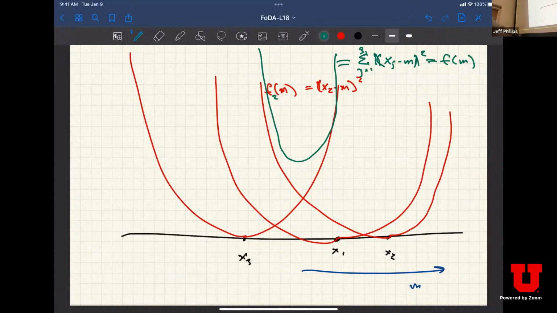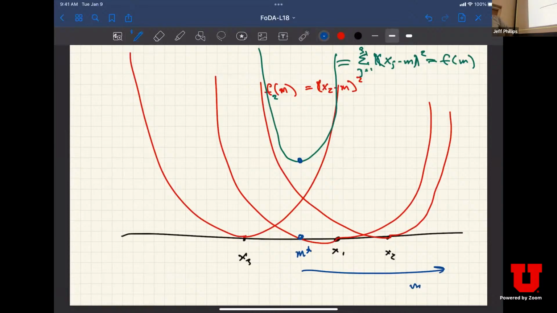This is the sum of convex functions, so it has to be convex. So this green function is convex, and what we'd like to do is find its minimum. The minimum of the green function is our m star, our optimal estimator, and that turns out to be the mean of the data points, if I drew it just right here.